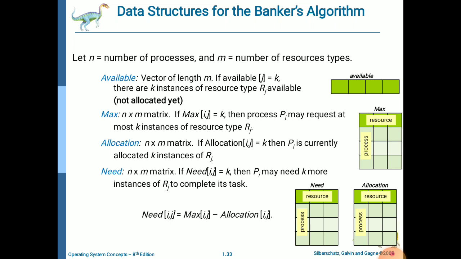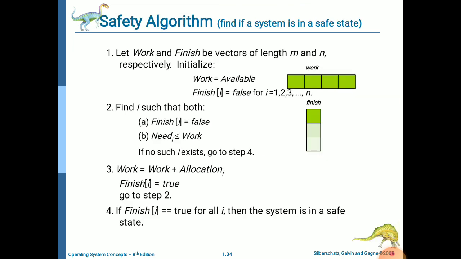Like that we need to understand. So it is calculated like this: need of ij is equal to maximum of ij minus allocation of ij. The diagram shows one array and three matrices.